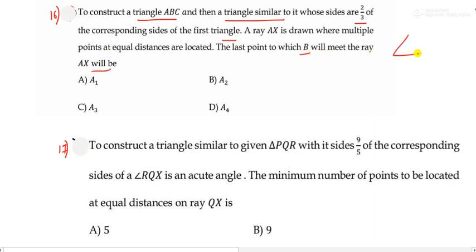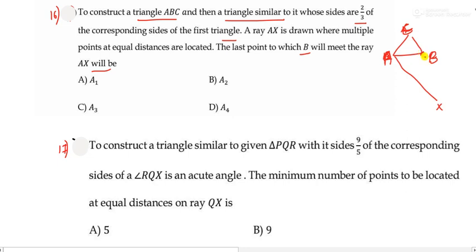Since they have given triangle ABC, this is A, this is B, and this is C. The ray AX is drawn. The last point to which B will meet the ray AX.